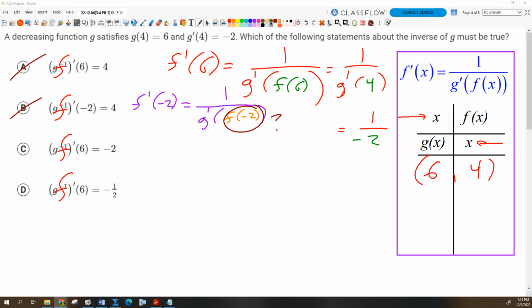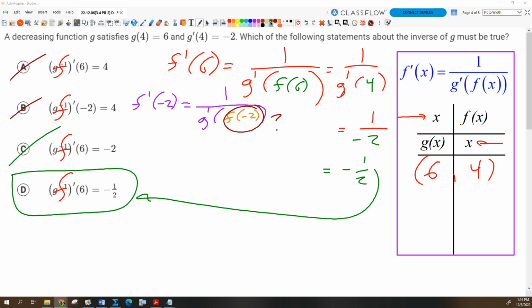So of the last two, it's D. Everybody agree? Make sense? Questions?